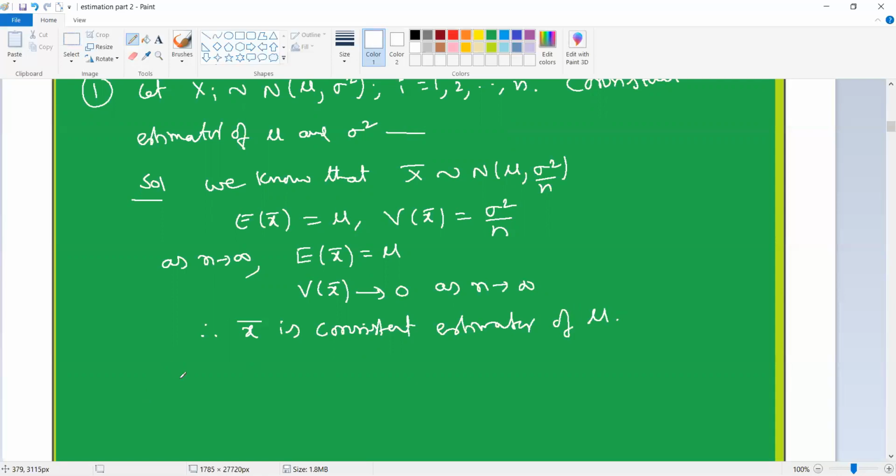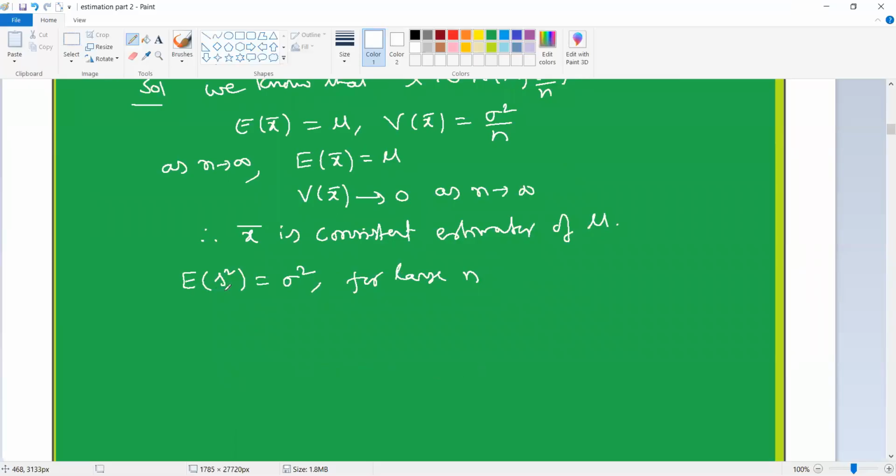Next, for large n, small s square is an asymptotically unbiased estimator.